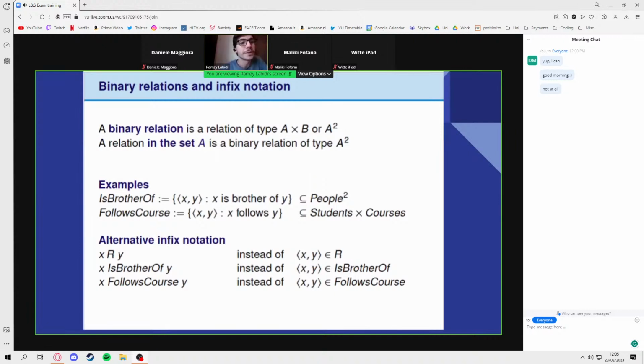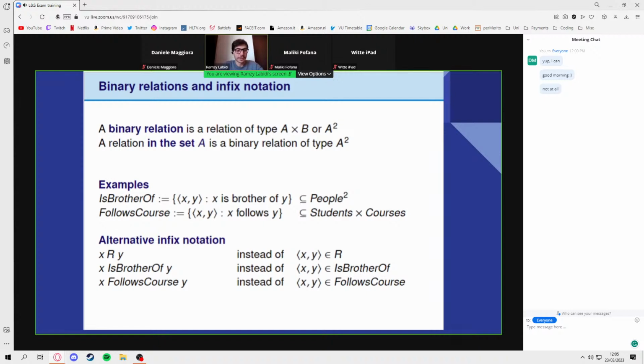Now we get to relations. A binary relation is a relation of type A times B, or A squared, and a relation on set A is a binary relation of type A squared. This is more like predication in English. If you say, for example, X is brother of Y, both of them are people, they are part of the set people, and that's why you say people to the power of 2.